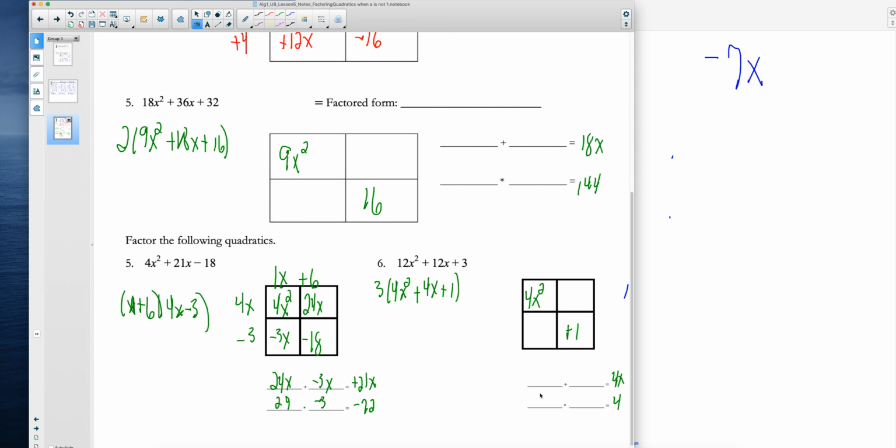That combination would just be 2 times 2, and we can see that 2x plus 2x is 4x. So I'm going to drop the 2x in here, and I'm going to drop a 2x in here. Then your GCF for the first column would be 2x, and we have a plus 1 as our GCF for the second column.